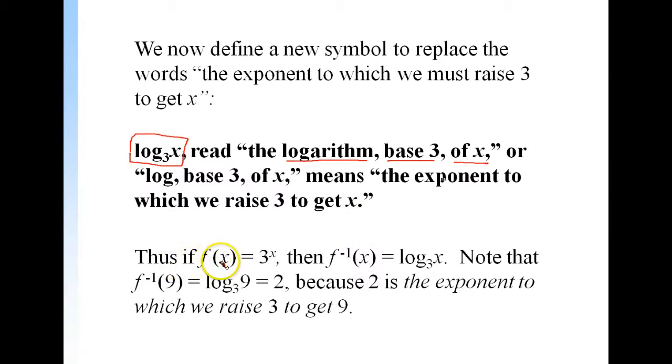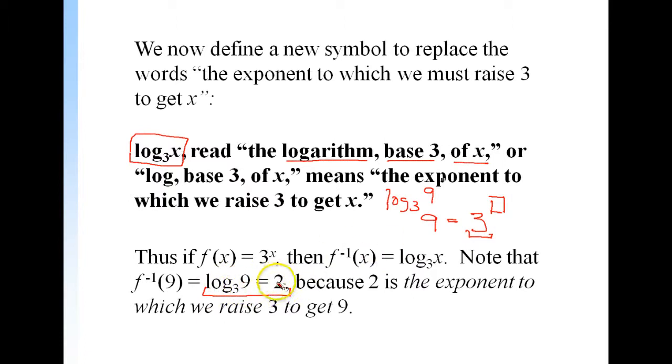So here's an example. The inverse of this would be log base 3 of 9 equals 2. And then how do you translate that? Well, remember, 3 is your base right here. And we're saying, what is the exponent?